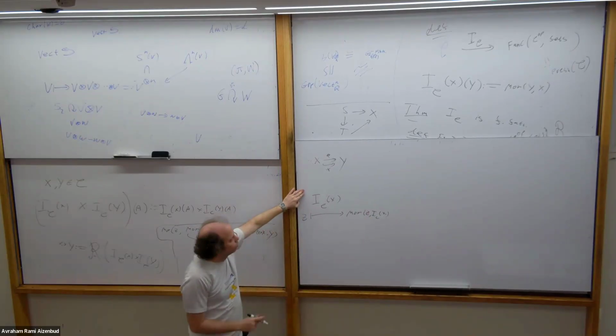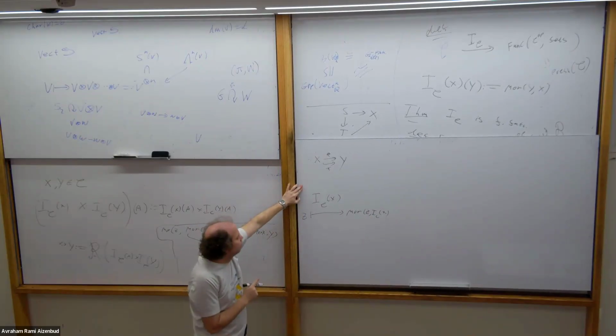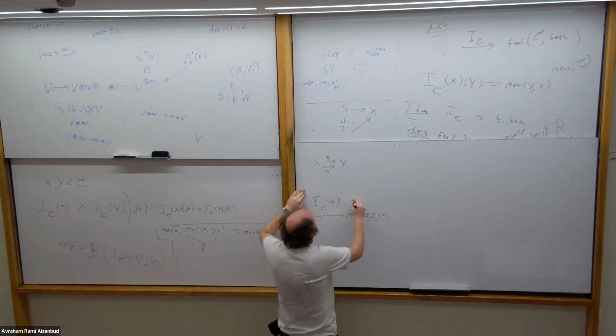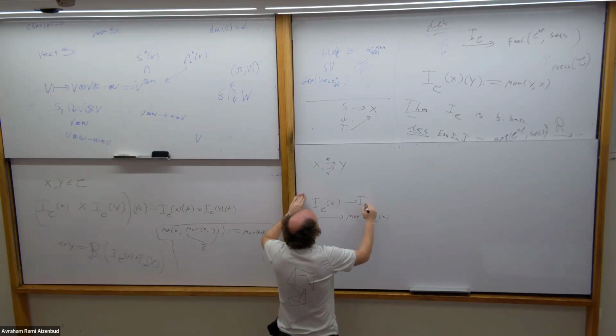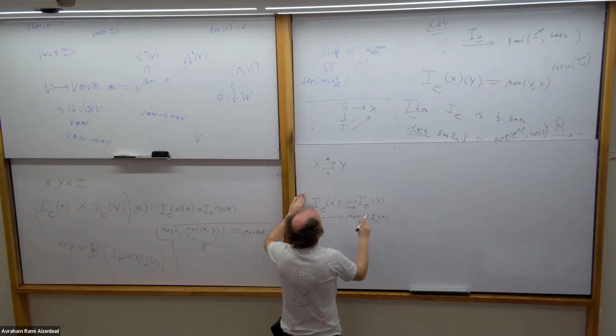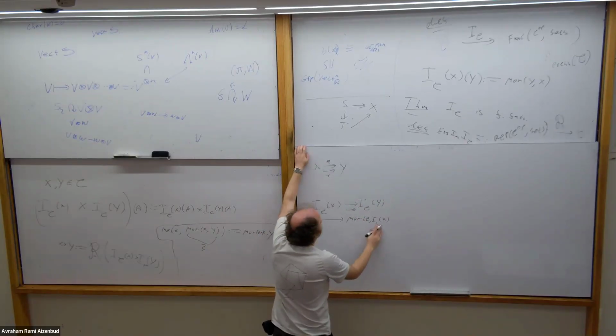So now we need to catch some Z to use, so we have IC X and IC Y. Shouldn't it be more of Z X? Oh yeah, actually, sorry.